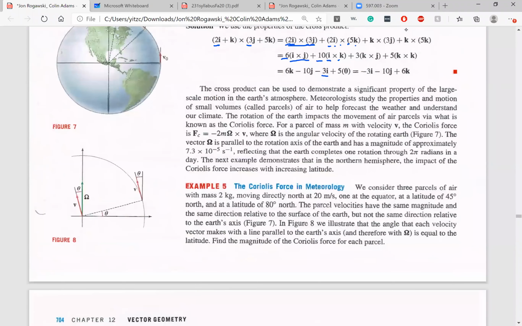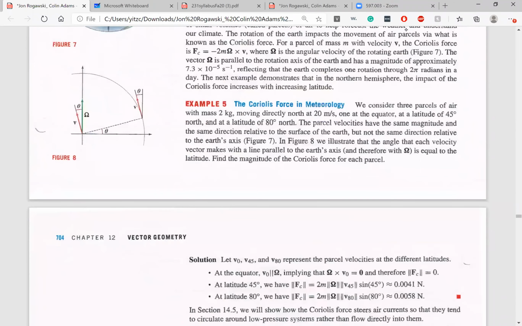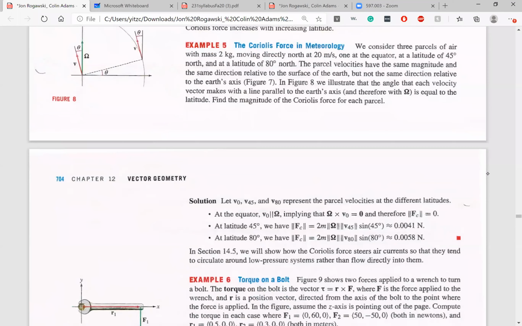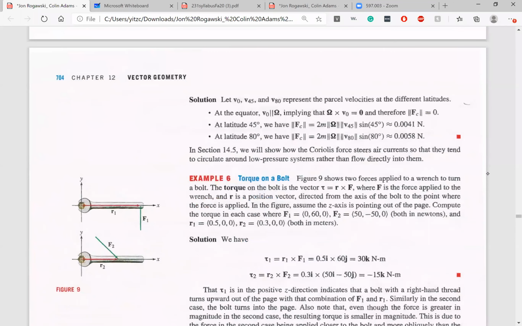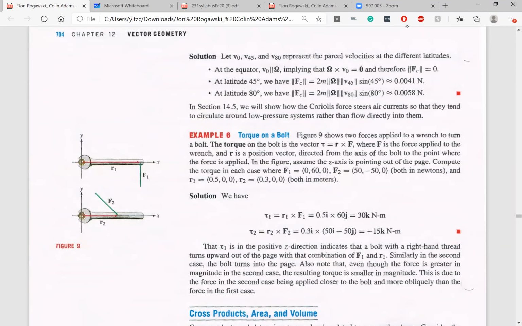The next problem over here, example 5, is a physics problem. I don't want to focus on this problem, but example 6 is a torque problem, and I do want to go over it. So like I said before, the torque is going to be equal to R cross F, where F is the force.